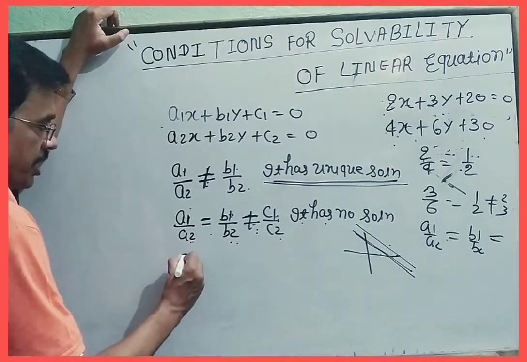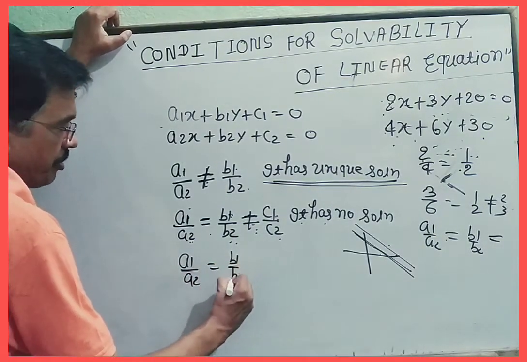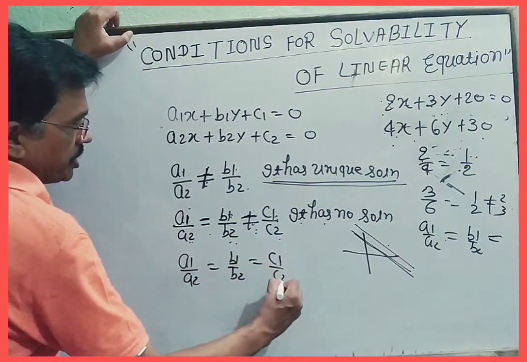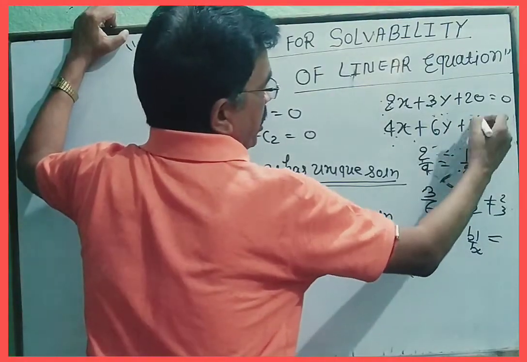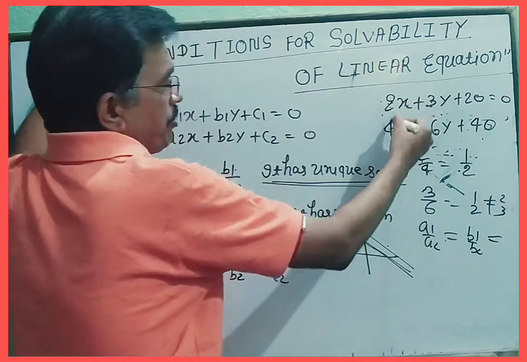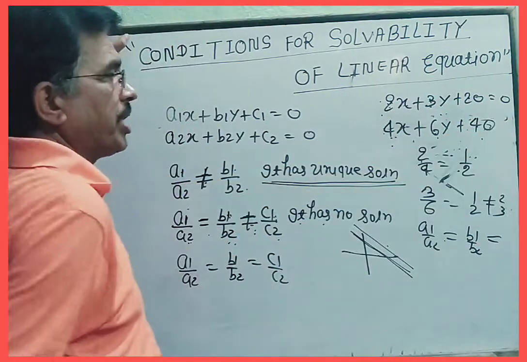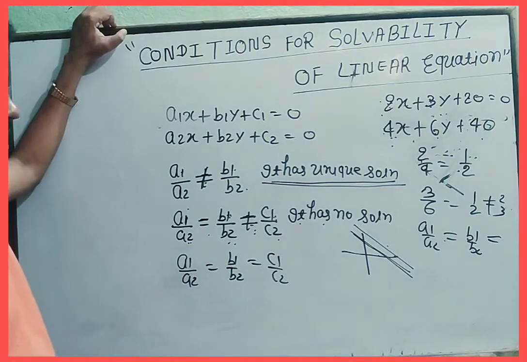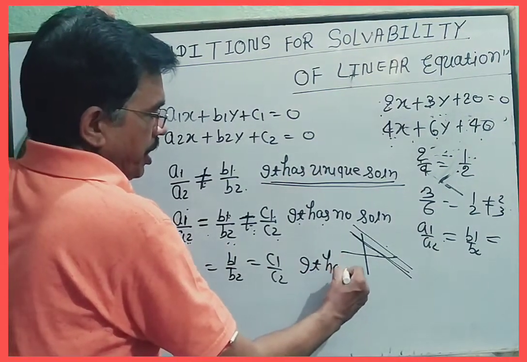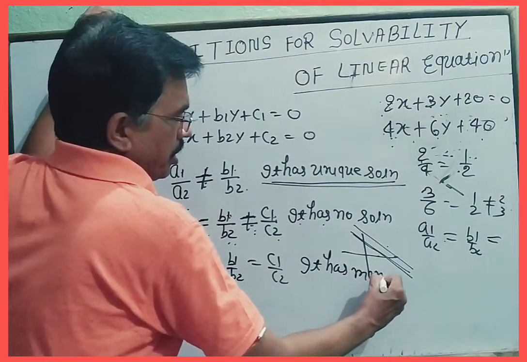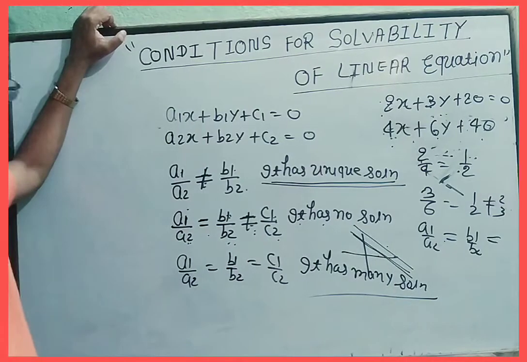And the last condition is a1 by a2 equal to b1 by b2 and also equal to c1 by c2. Then all three are equal. For example, a1 by a2 is 1 by 2, b1 by b2 is 1 by 2, and c1 by c2 is 1 by 2. Then it has many solutions, or you can say infinitely many solutions.